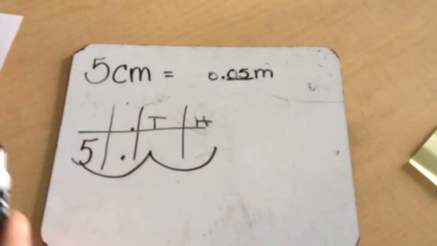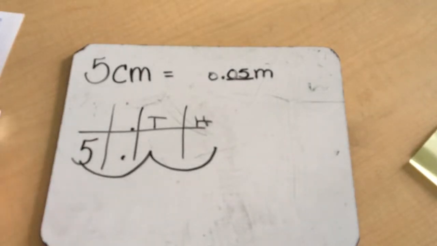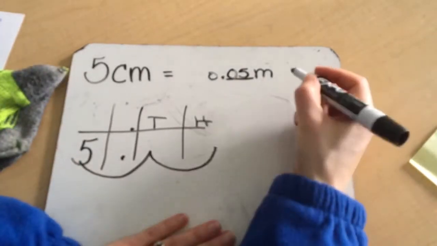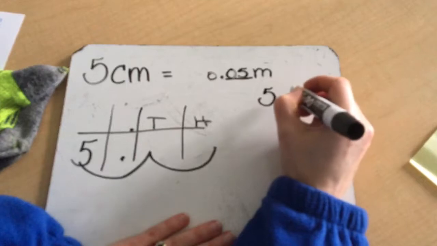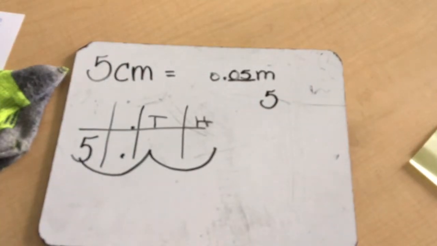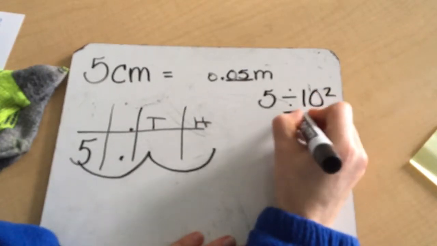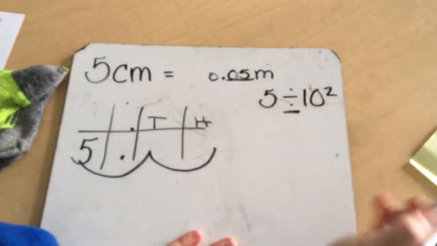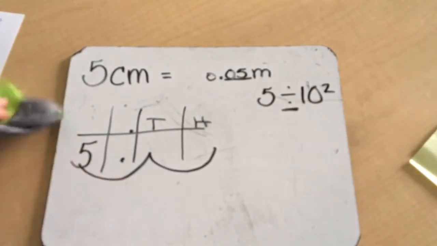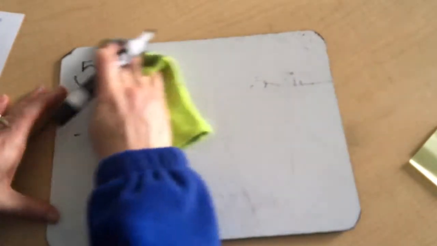So it'd be 5 hundredths meter. And then, of course, would be 5 divided by 10 to the second. Not times, we're going backwards. That's divided by.